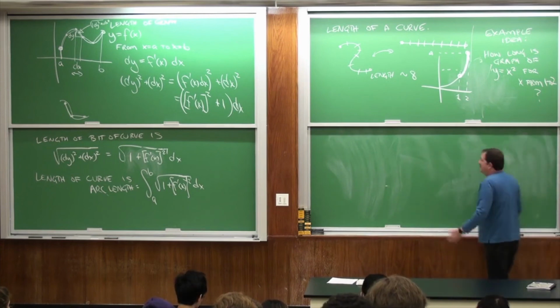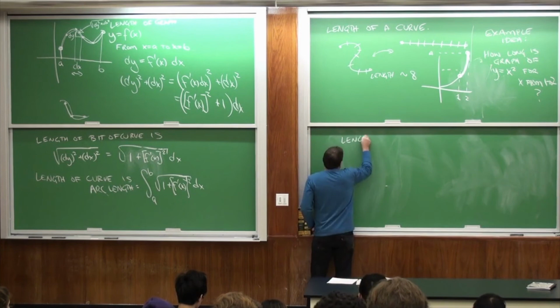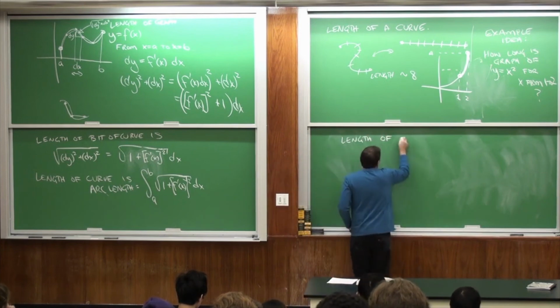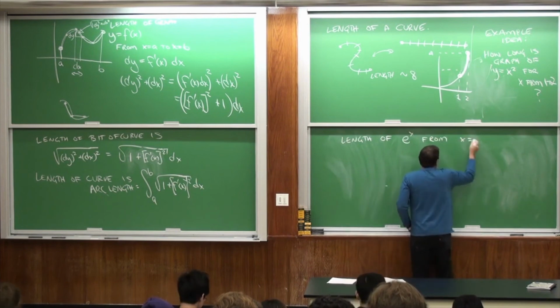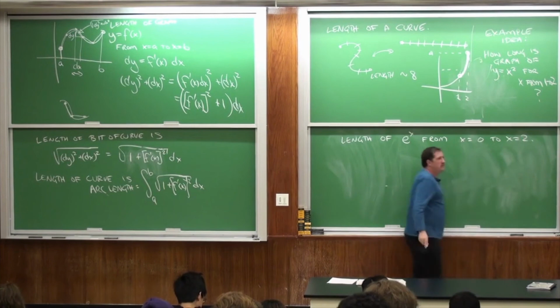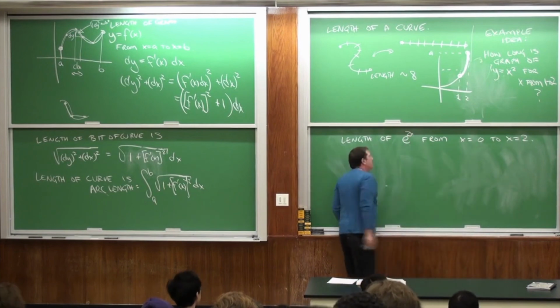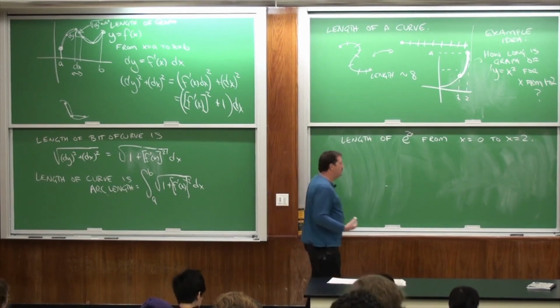And let me do one that doesn't work out. This is, let's make it e to the 2x. This is really easy to write down the integral, but then the integral is not really easy to do.